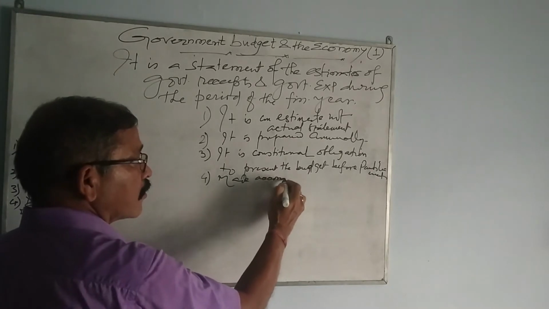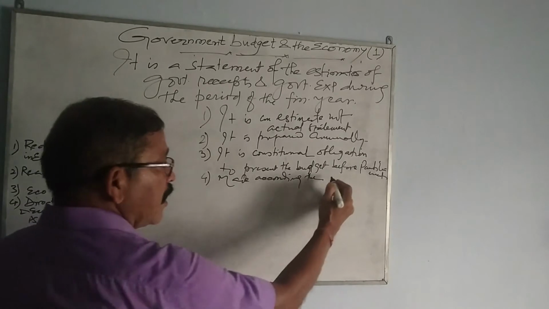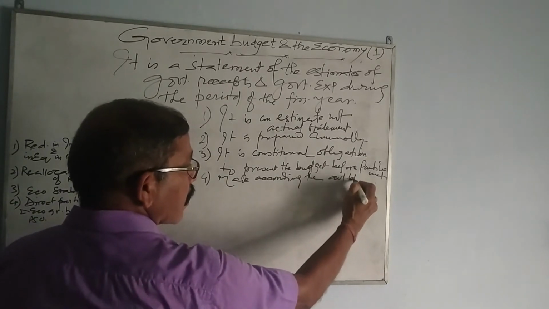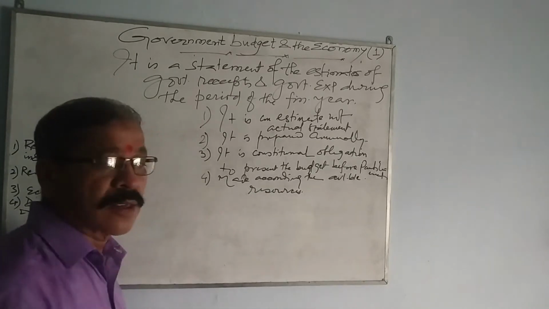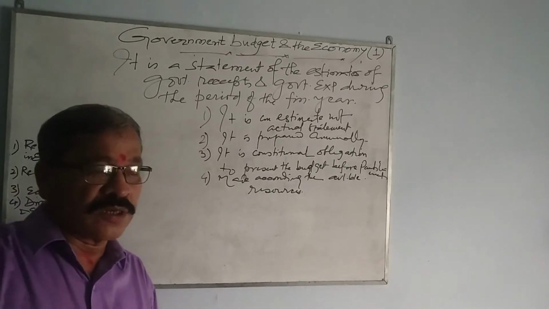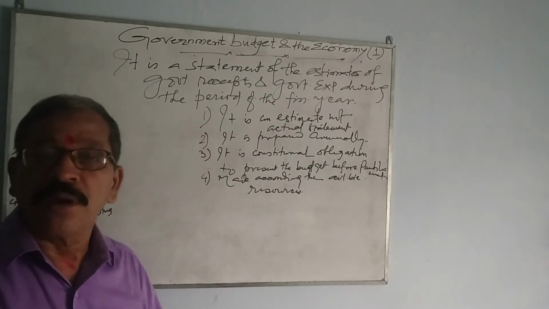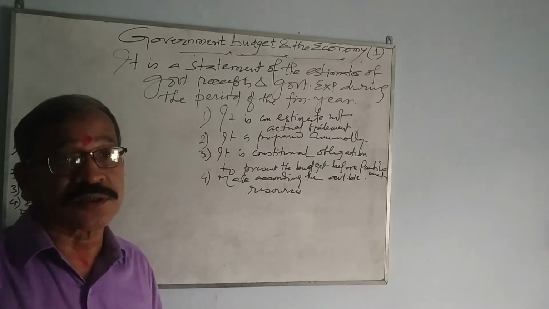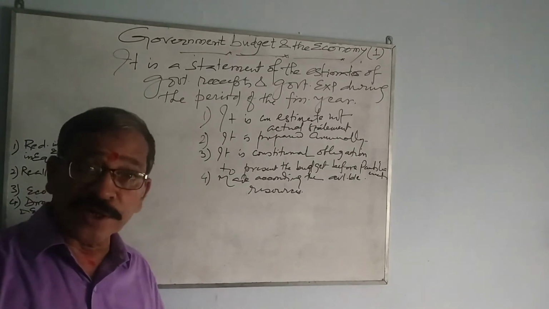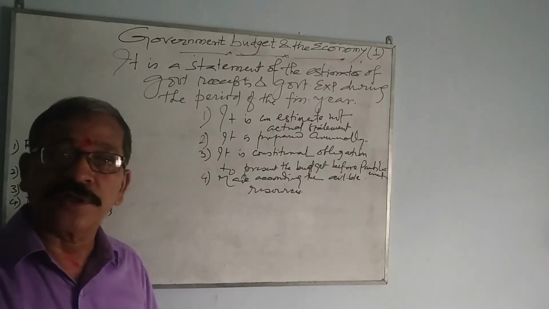Next, budget is made according to the available resources. According to the available resources, the budget is made. Then there may be some provisions incorporated in the budget to improve the availability of resources.